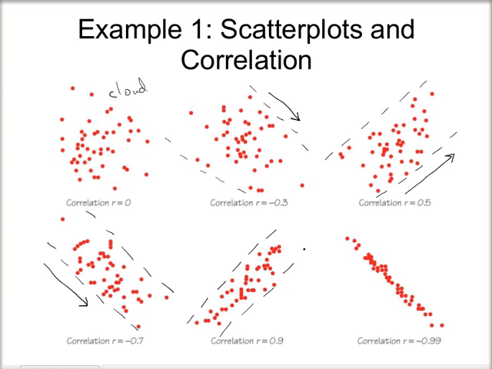They're in an even narrower strip. And again, I've got positive correlation because they're going up as I go to the right. And finally, I've got very strong correlation on the bottom right. It's a very narrow strip containing all of my points, and it's a negative correlation because they go down as I go to the right.